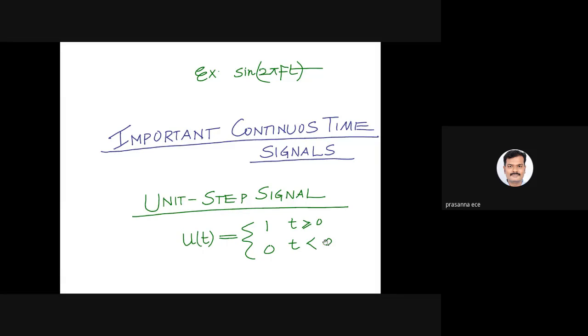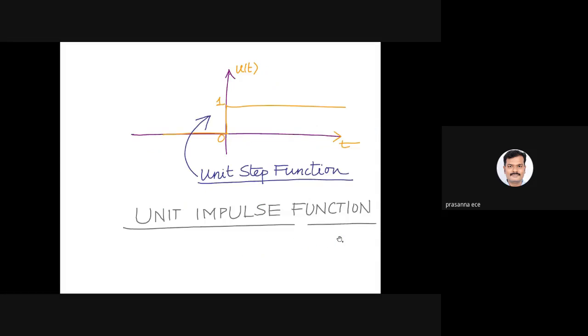This is a special function which is called a unit step function or a unit step signal. This is how u of t or u of x looks. If there is x here, we denote it by u of x. It is a function which is like a single step at 0.